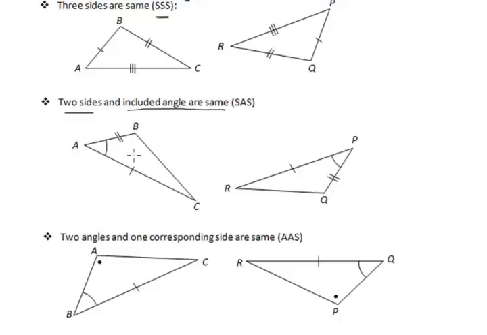Then these 2 triangles are congruent. This condition in short we refer to as SAS, that is side, side and included angle, SAS.